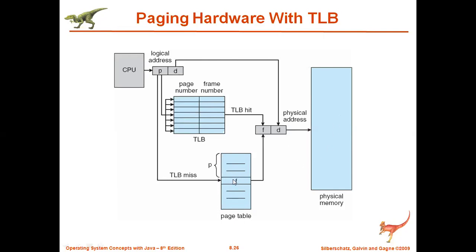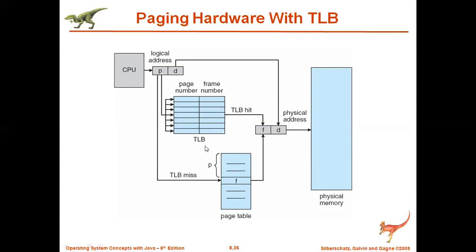But once the page has been accessed from the page table, that recently used page will come and be stored here. That is, if the CPU has accessed page 0, P0, the respective frame number which we got from the page table will come and be stored here: P0 followed by the frame number 14, then P2 followed by its frame number. Whatever pages the CPU is currently accessing, all those recently used pages will come and be stored here.